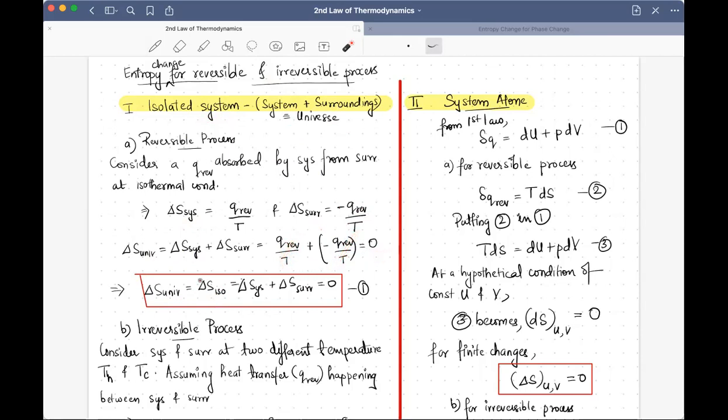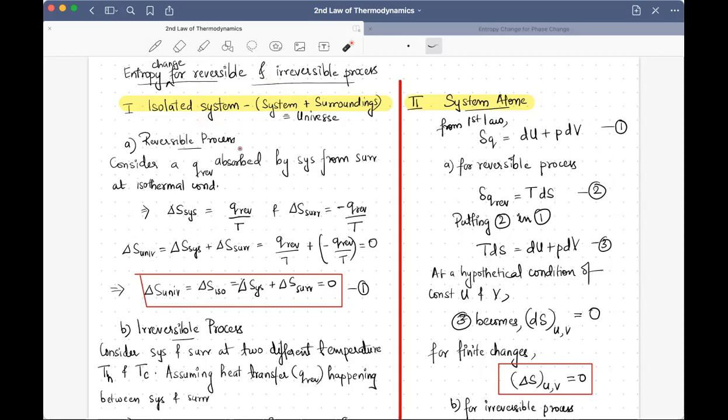So for our isolated system, the change in entropy is zero, which means the entropy remains constant for an isolated system. That is the first important thing you should keep in mind.